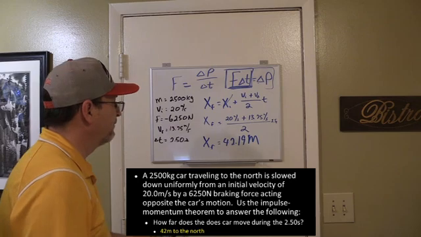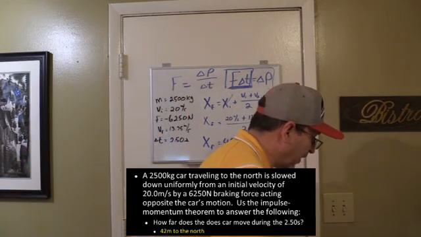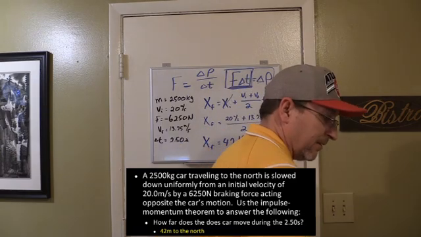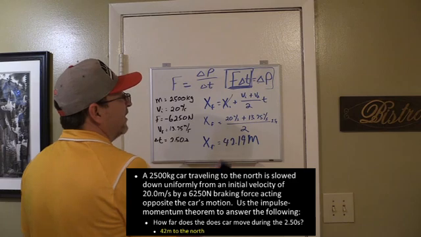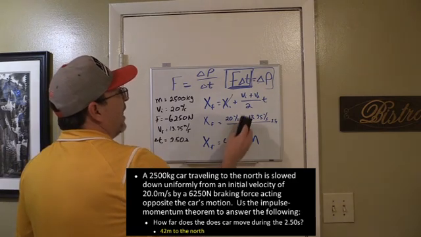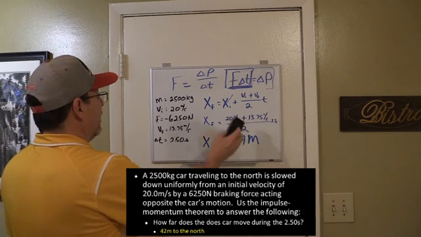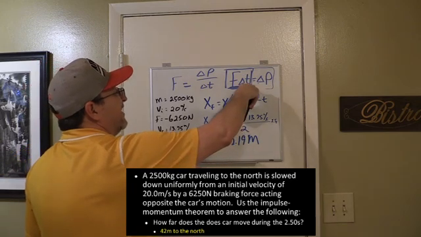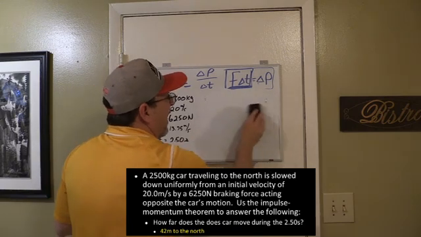Awesome, awesome. All right. And the last problem that we have, how long does it take for the car to come to a complete stop? Nice, right? So with this one, I'm going to use everything to come up with my delta t. So I'm going to have to back up a little bit and do some other math.